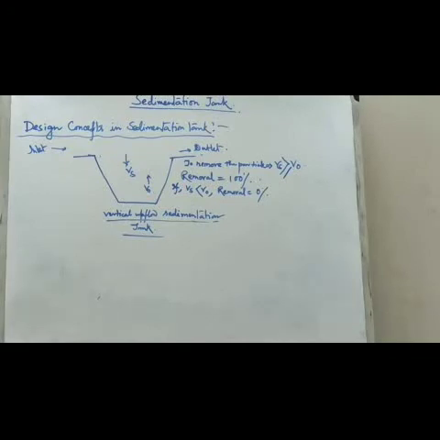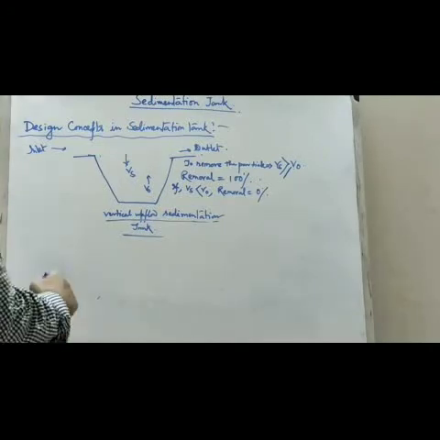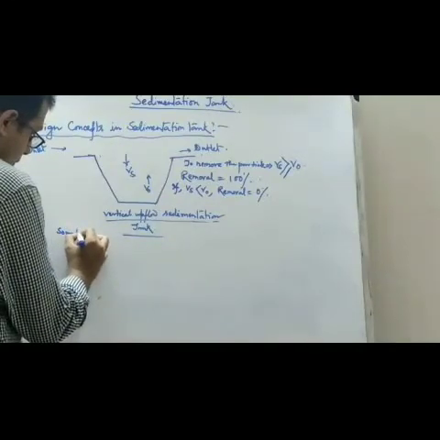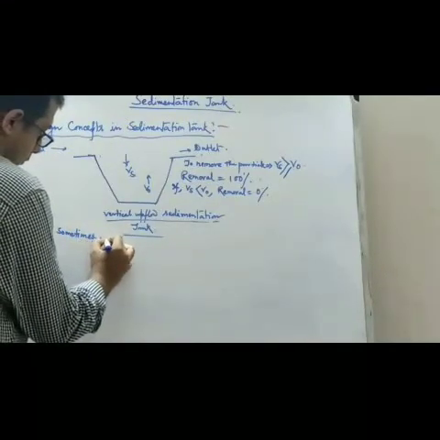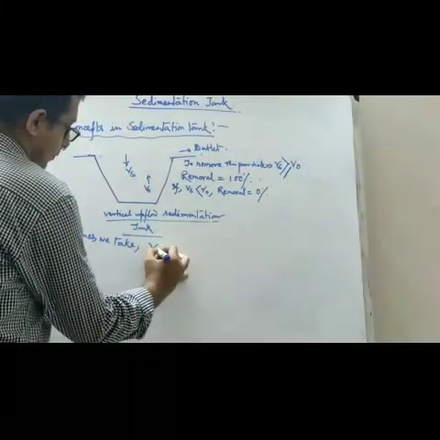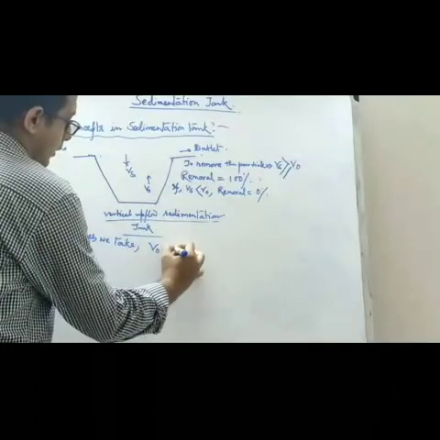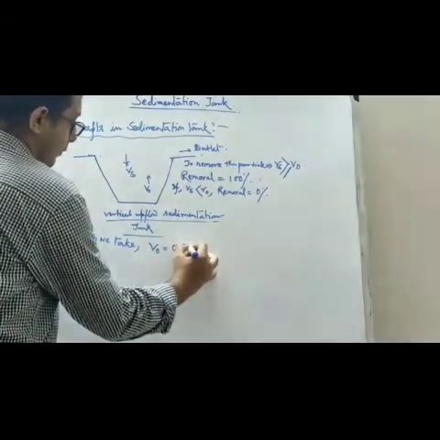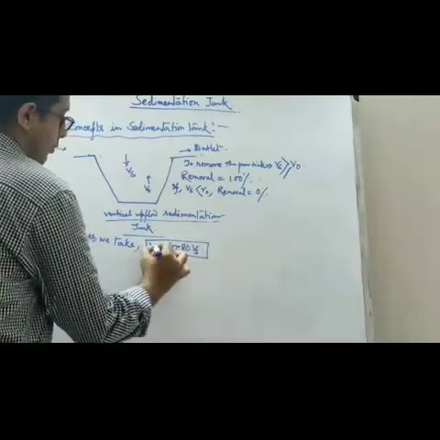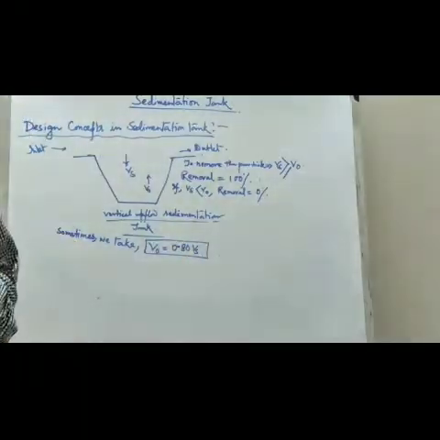Sometimes we take V0 as 0.80 of Vs, so that the removal efficiency is 80%.